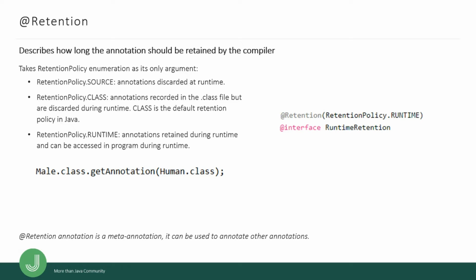We have a class called male, and it's annotated with an annotation human. To get it, we need to call the method getAnnotation, and if the human annotation is marked with retention policy runtime, we can actually get it. As a return of this method will be an actual annotation human.